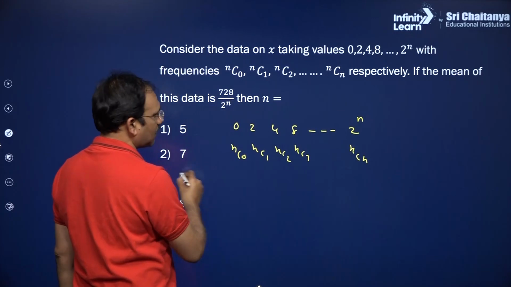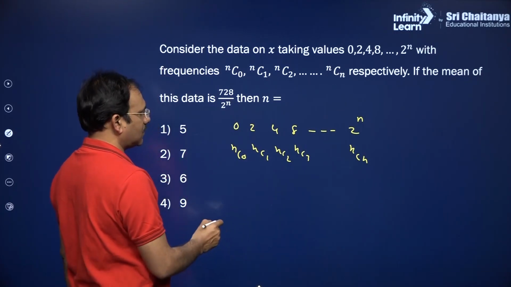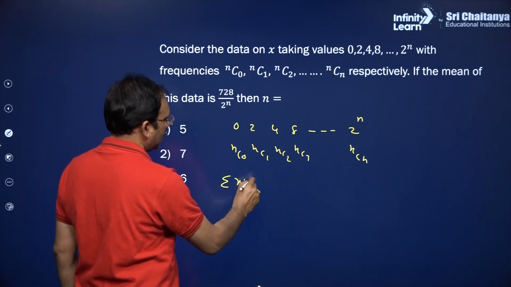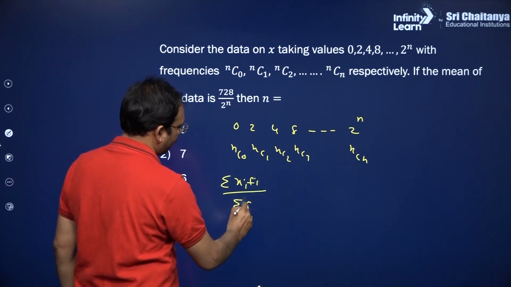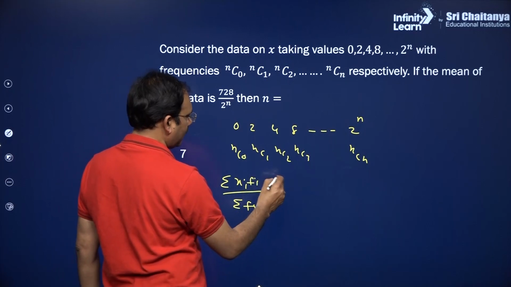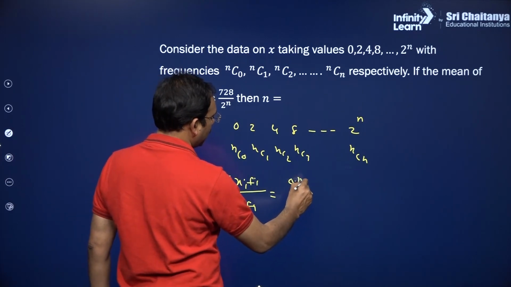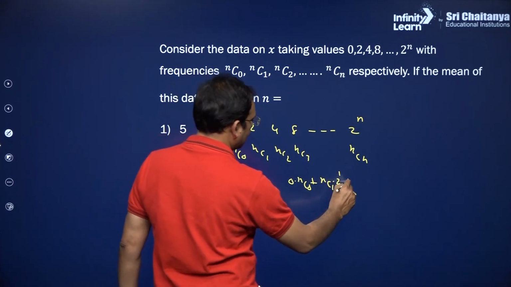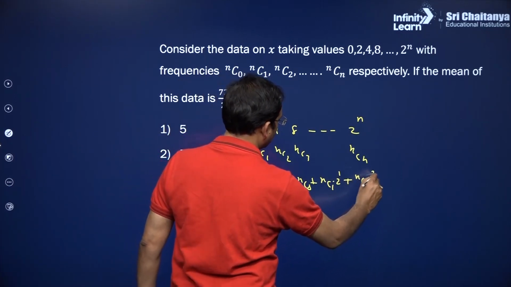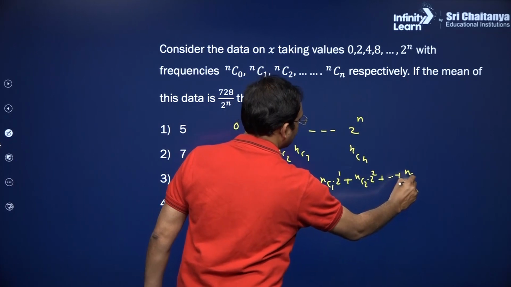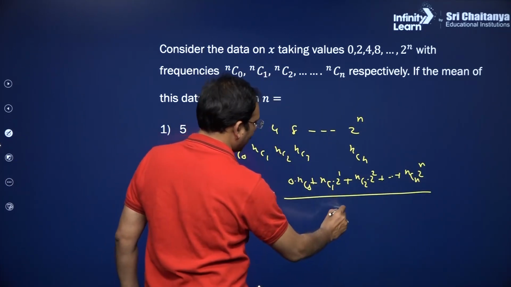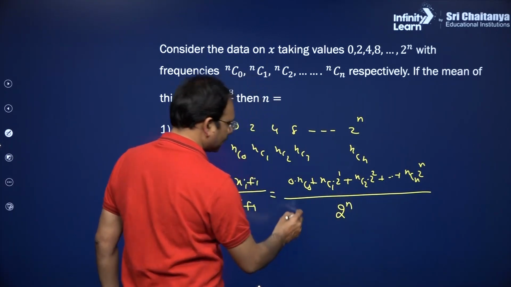The mean means the sum of the quantity sigma xi fi, these are the frequencies, sigma xi fi by sigma fi. Sigma xi fi means you can write 0 into NC0 plus NC1 into 2 power 1 plus NC2 into 2 square plus and so on, NCn into 2 power n, divided by the sum of all frequencies, which is nothing but 2 power n.